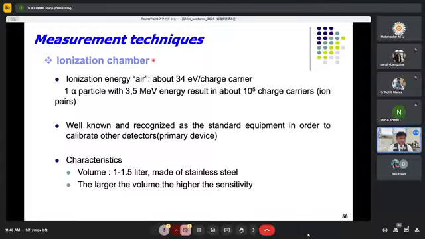Ionization chamber: ionizing energy of air is about 34 electron volts per charge carrier. One alpha with 5.5 MeV energy results in about 10 to the 5th charge carriers, in other words, ion pairs.